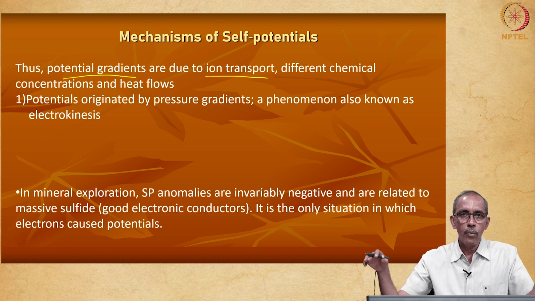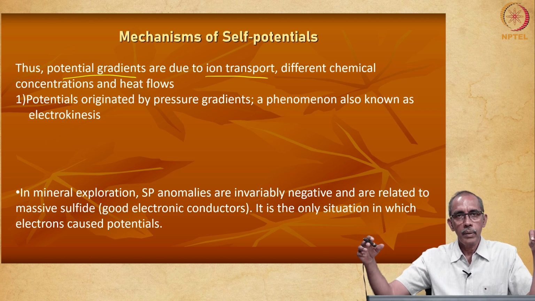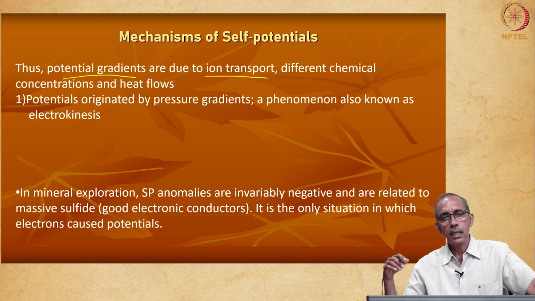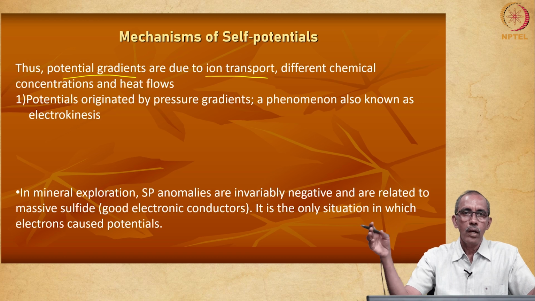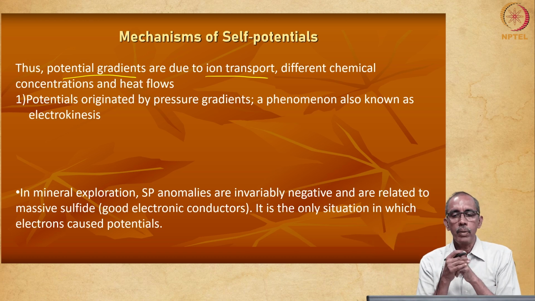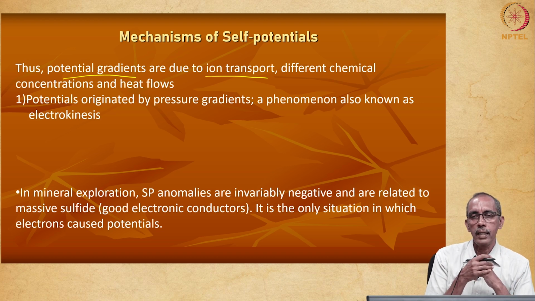Imagine water is not moving at all, but still in one part of this zone you have more of a certain chemical element, let us say sodium. On another side, the concentration of sodium is less. Obviously, sodium ions will slowly move in order to attain equilibrium. So this causes the potential gradient.